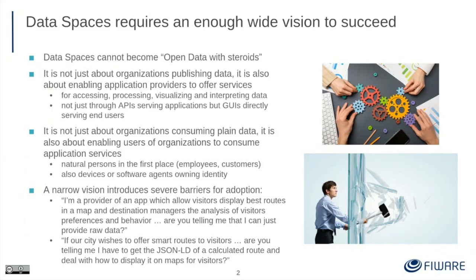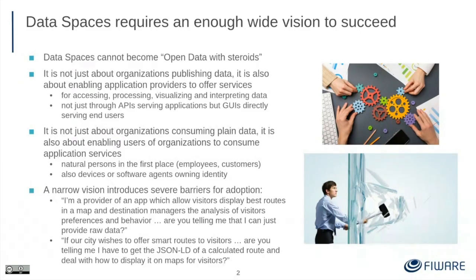Which brings us to the next point. For us in data spaces, it's not just about organizations consuming and offering data. It's about also enabling users or technical services, like AI agents, like simple services, or like IoT agents, that can act for the organization and consume applications.